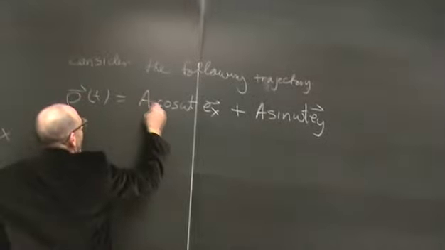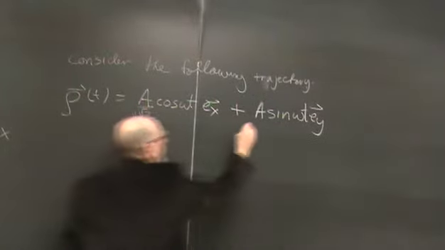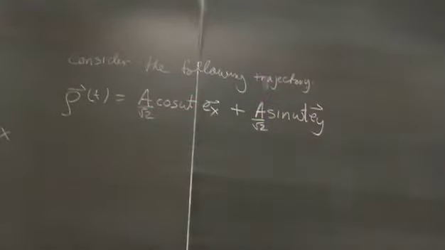Let me have equal amounts of energy, half of the energy, so I'm going to put the amplitude as a over 2. Okay? So the energy of this particle is just as it was before.